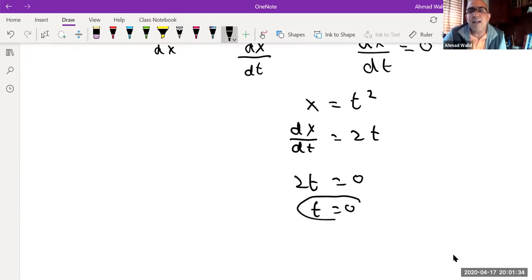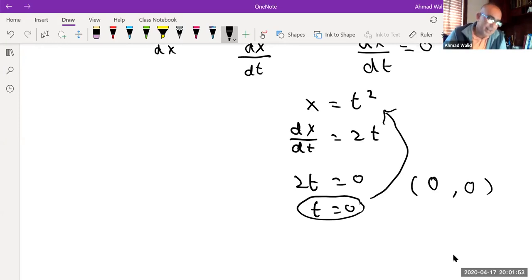And if I plug the value of t back here, I get x equals 0 squared. It means I get the point (0, 0). It means at (0, 0), my curve can have a vertical tangent line. Any question?